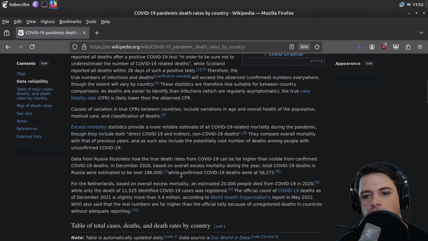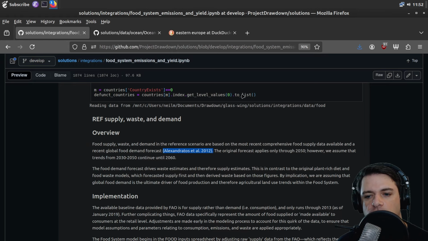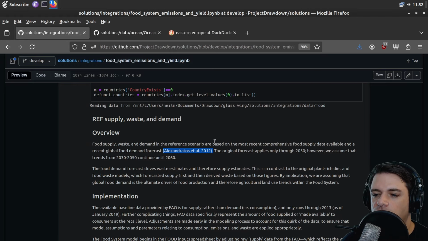This is by country, but maybe they have a total world. 876 million. Deaths per million. Oh, no, okay. So 7 million. That's a lot of people, but that's maybe not going to change the global food demand situation.